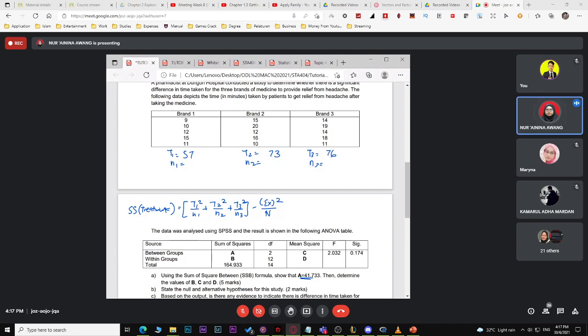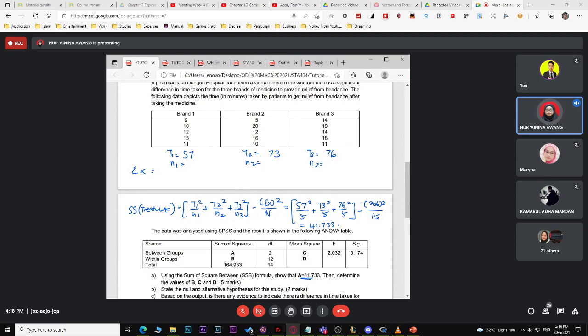So nanti just squarekan the value. 7 square over, okay, and then bila you kira the summation of x nanti untuk total semua ni, you will get the value is 206 square over, so the total number of observation 5 kali 3, 15. Okay. So since the question ask you to show, so just tulis je lah. Okay, so macam tu sahaja untuk A.